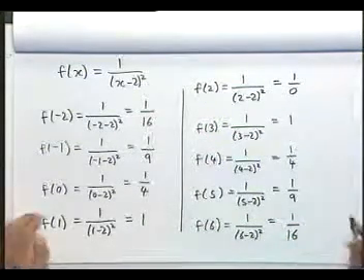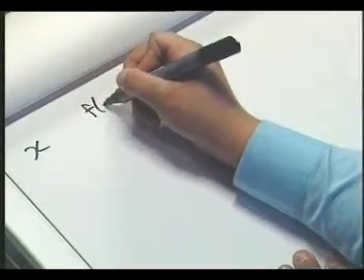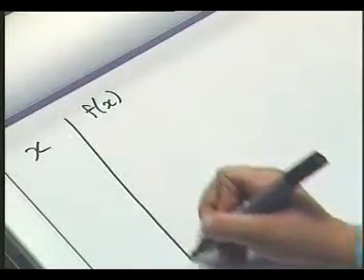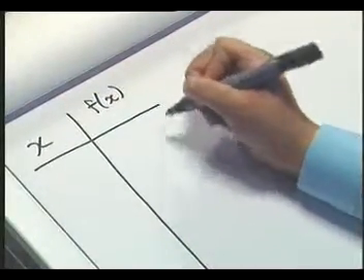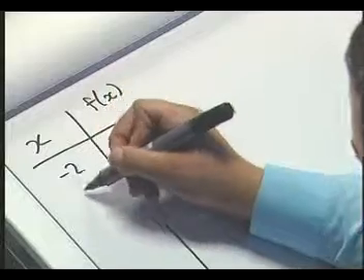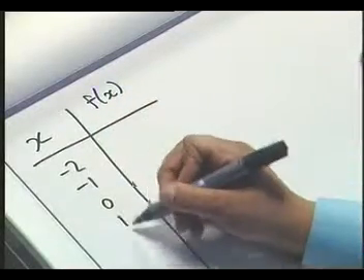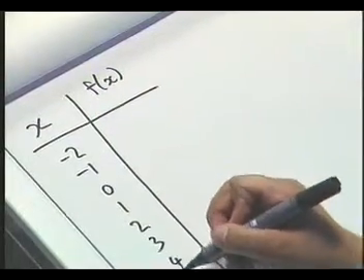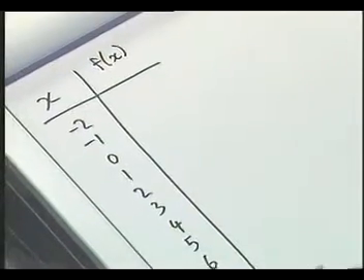Now, if we want to plot the graph of this function, we'll probably need to put this into a table first. So, as usual, do our table of x and f of x. We went from minus 2, minus 1, 0, all the way up to an argument of 6.